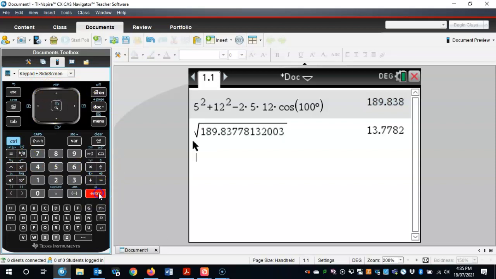So I'll arrow up, grab that down, enter. So A is 13.78.